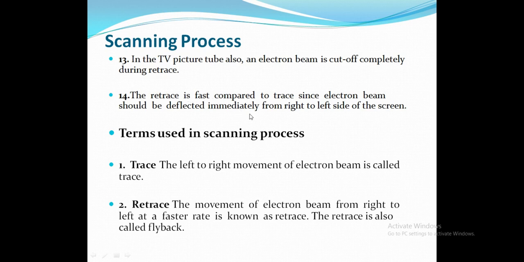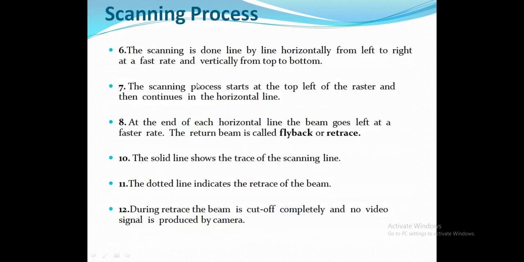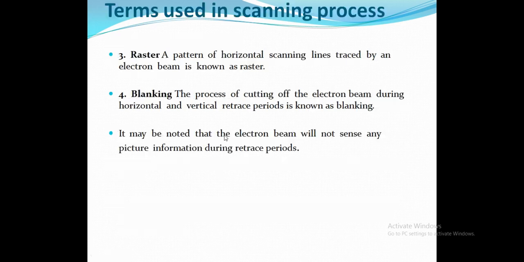Retrace is fast compared to tracing, since the electron beam should be deflected immediately from the right to the left side of the screen, and in this period no signal is produced.